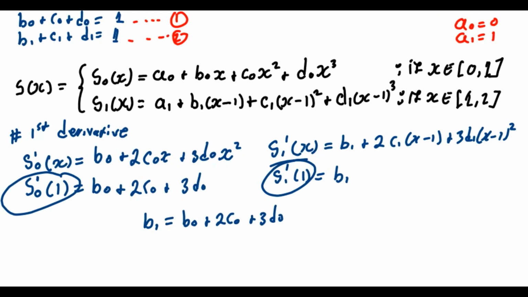I'll write it here: b sub 1 equals b naught plus 2c naught plus 3d naught, and we let this be equation 3.